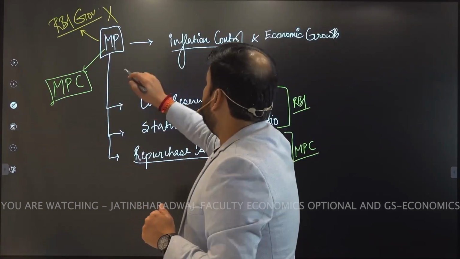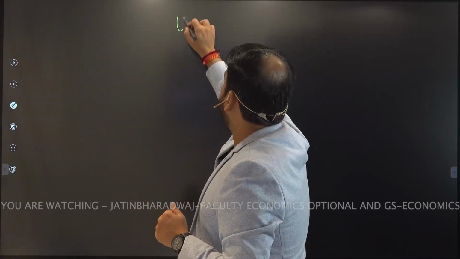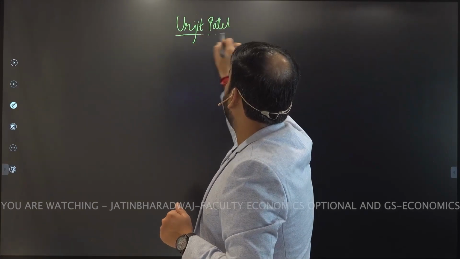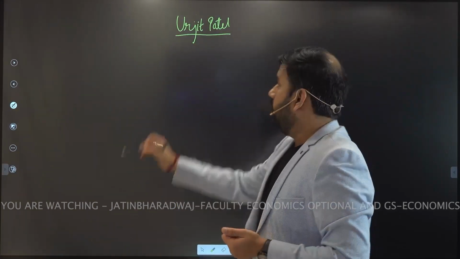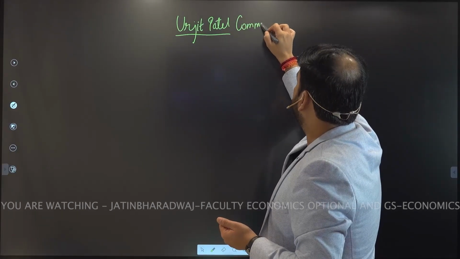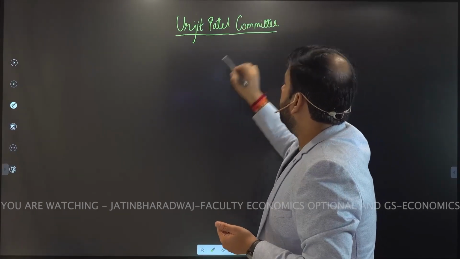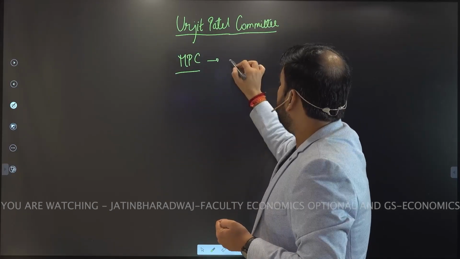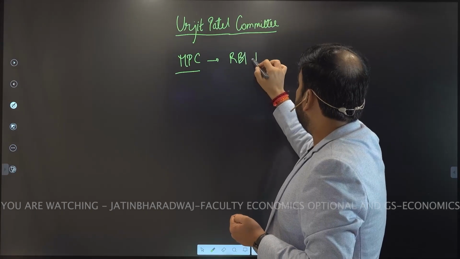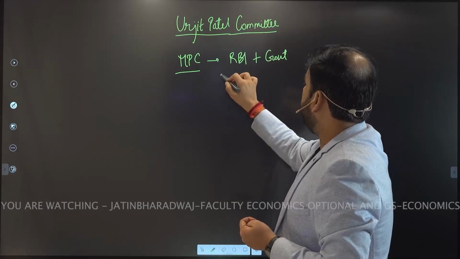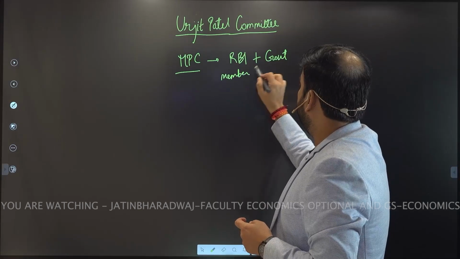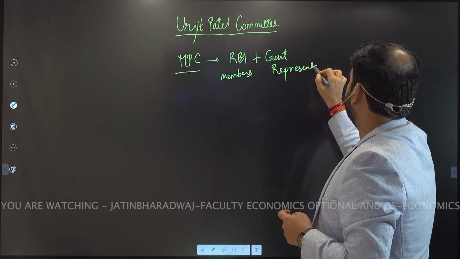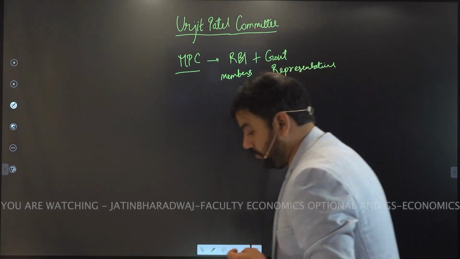Now, previously under Urjit Patel, right, ex-RBI governor, he was the RBI governor when demonetization took place. Now there was a committee under Urjit Patel. This committee suggested that there should be a Monetary Policy Committee consisting of RBI members plus government representatives, or government nominees, right.